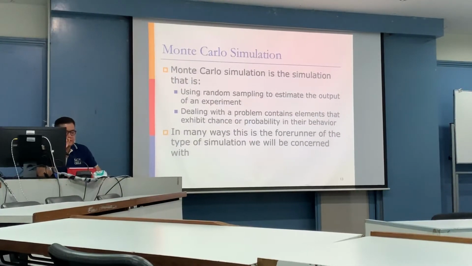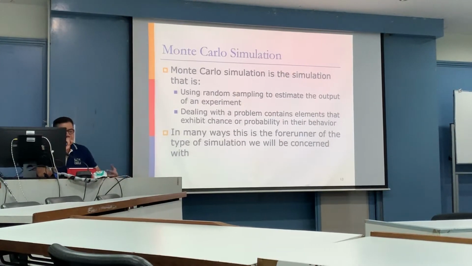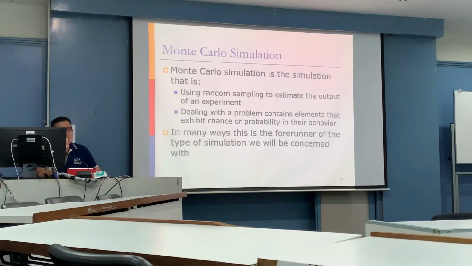As I mentioned, Monte Carlo simulation is a simulation model that uses the concept of random sampling. So what does random sampling mean? Firstly, it means that if you want to use Monte Carlo simulation, you need to have historical data.